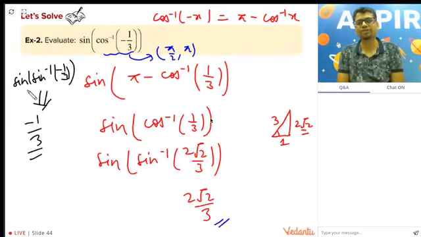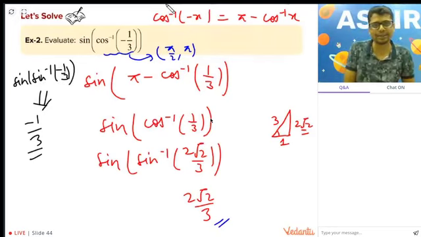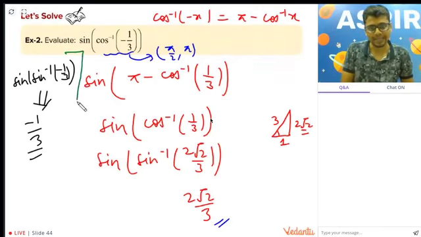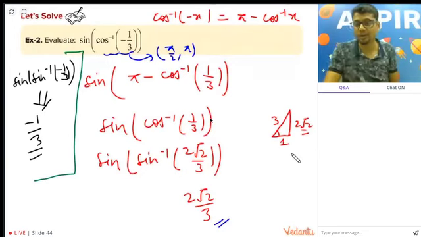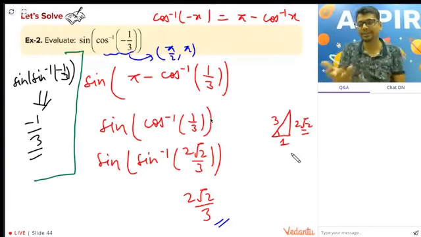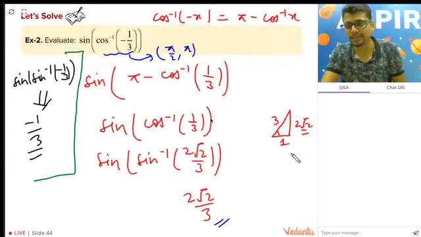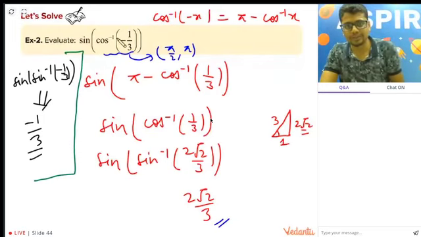Sine of sine inverse x is x, as long as x is in the domain, right? So I hope this is what you were asking. In case you were asking something else, please ask again. If it is the same thing, you may say got it or okay. So instead of cos inverse, if you take sine inverse, it is direct.